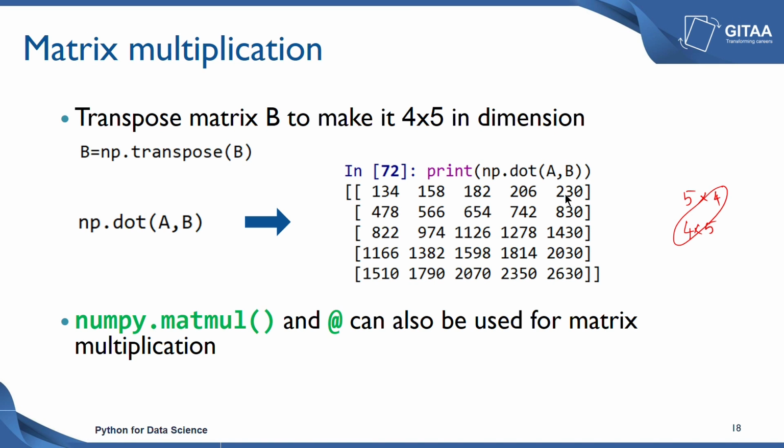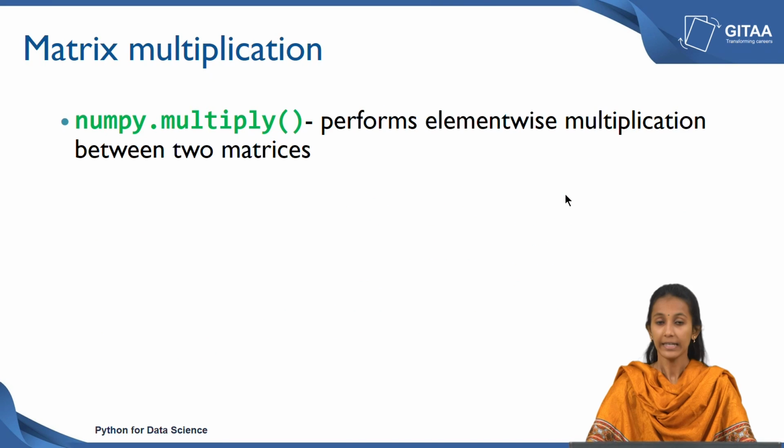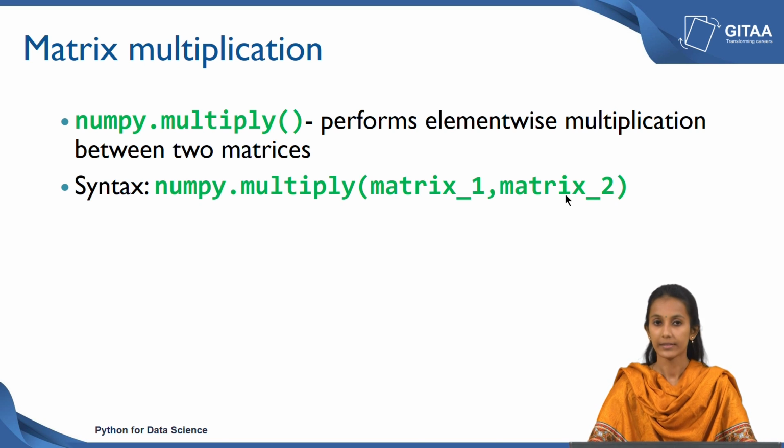So you can also use numpy.matmul and also the at operator. It can be used for the matrix multiplication as well. Let's say if you wanted to perform element wise multiplication, then there is a command called numpy.multiply. It performs the element wise multiplication. Syntax is numpy.multiply.